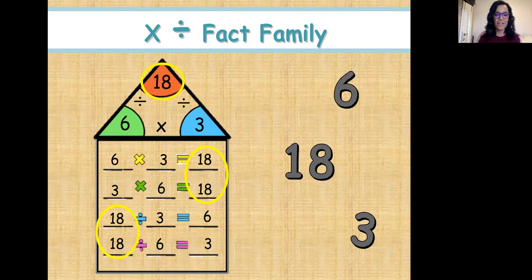Okay, very good. Here we have the 6. If we have the 6 starting, then on the second problem, we need to have it on the second space, okay? And the same thing with the 3. You're just going to switch their places. It's going to be the same thing here, okay? So that is pretty simple on how to arrange our fact family with multiplication and division, okay?